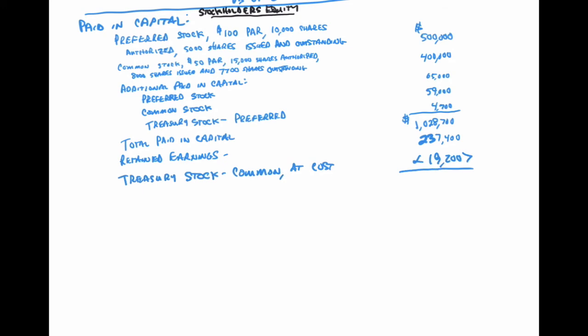And then our total stockholders equity is going to be the 1,028,700 plus the 237,400 minus 19,200, and when I did that, I come up with 1,246,900.